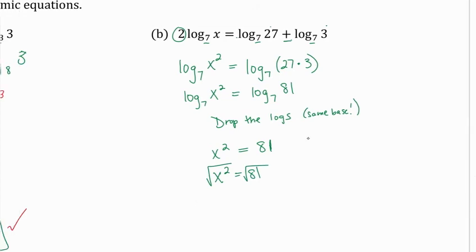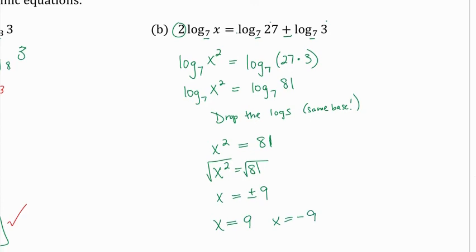We end up with x equals, gotta be a little bit careful here. You will probably want to say 9, but it's not just 9. It's got to be plus or minus 9, right? Because we're taking the square root to solve something. So we've actually got two answers. We could say x equals 9 and x equals negative 9. But here's where, remember, your argument has to be positive, right?